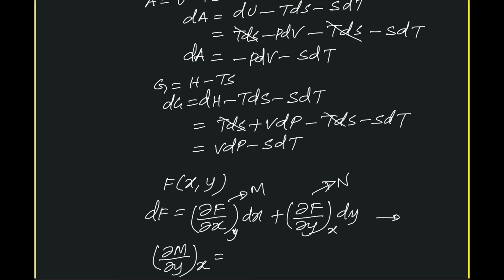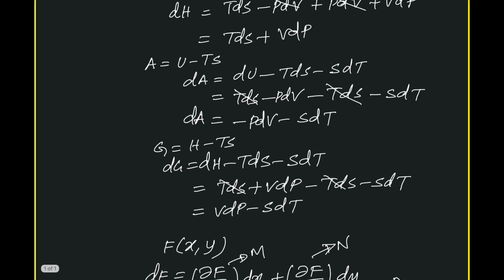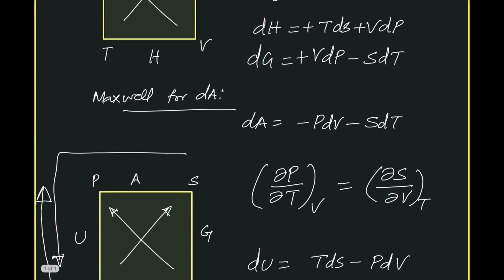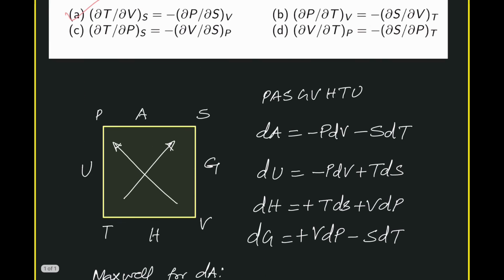So dou M by dou y at x equal to dou N by dou x at y. This is what is called the exactness criteria. Using this exactness criteria, we can obtain the Maxwell relations corresponding to each and every fundamental energy relation. That is normally available in any books, so you can refer to them.